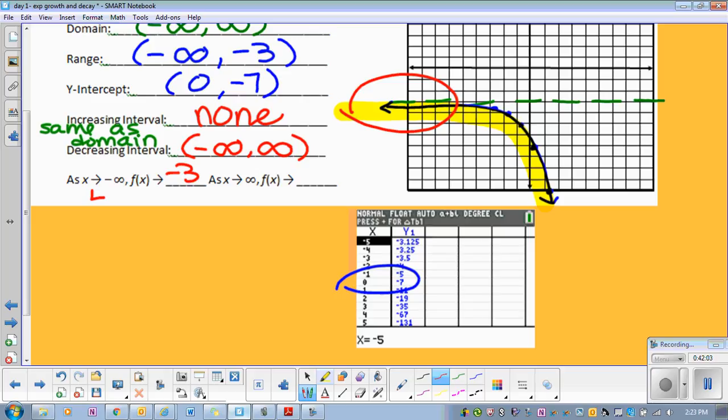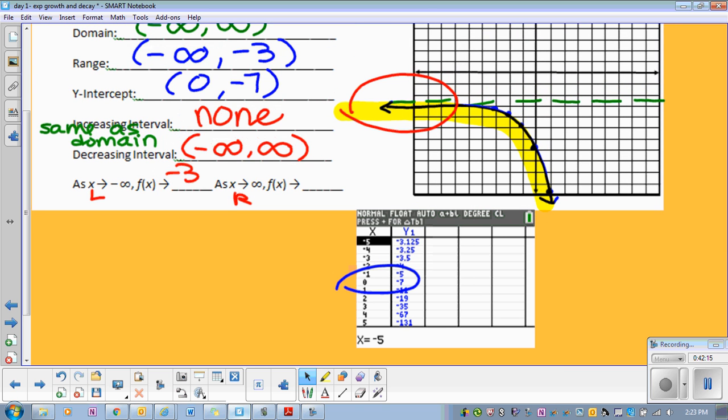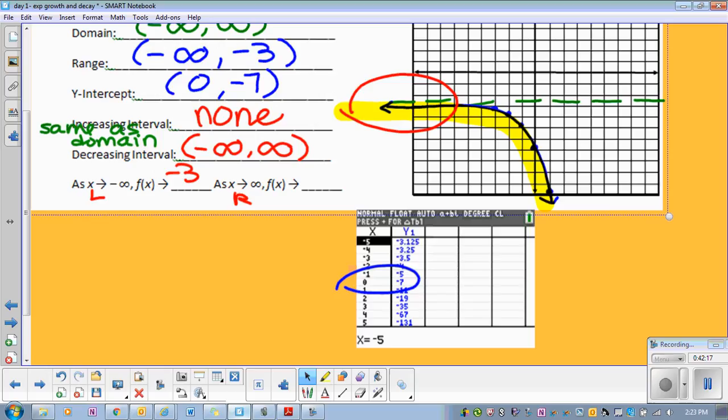Now look at this one. As x approaches infinity, which arm is this? The right arm. Look at your right arm. What is the right arm doing? Going down to what?